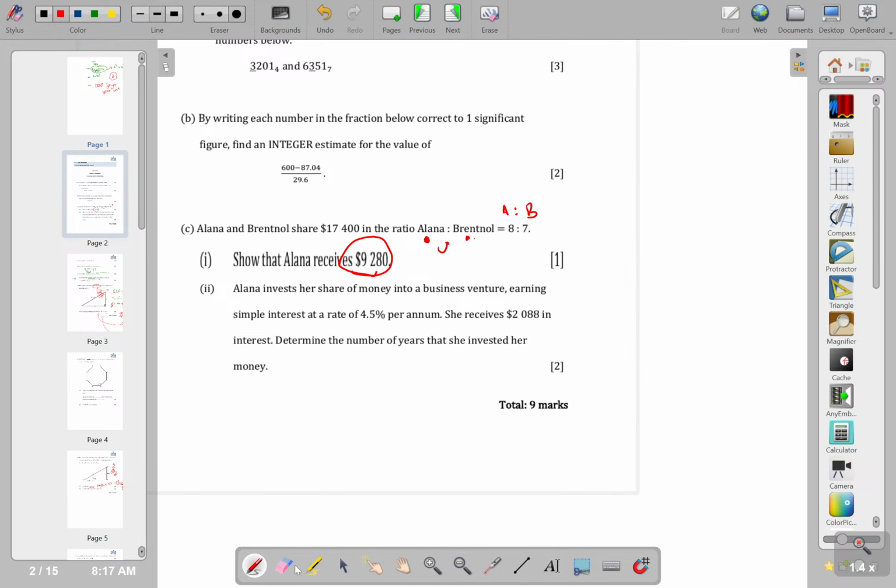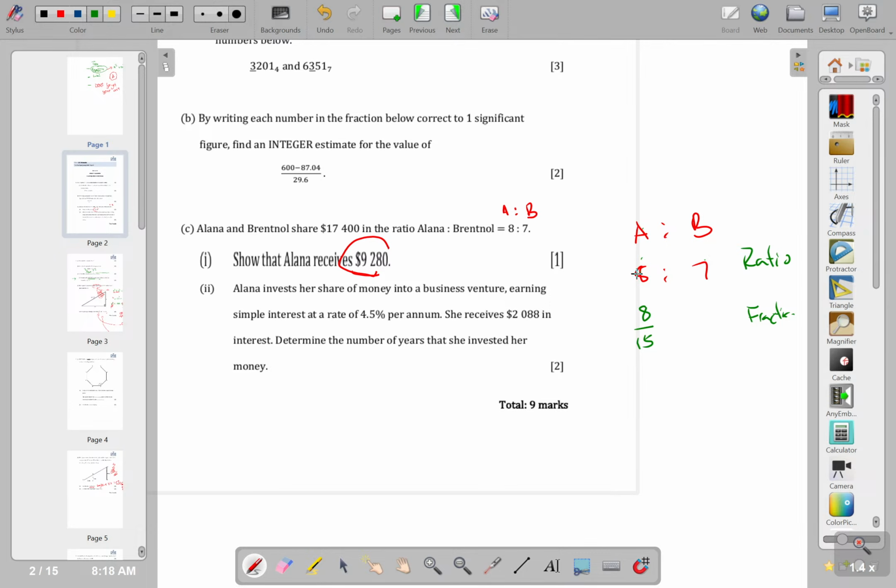Okay? Now, once you deal with ratios, make sure you understand something. So Alana over here, Brenton over here. This is the ratio version. So if this is the ratio version, I need you to go find the fraction version for me, please. So Alana would be getting 8 out of how much? 15.